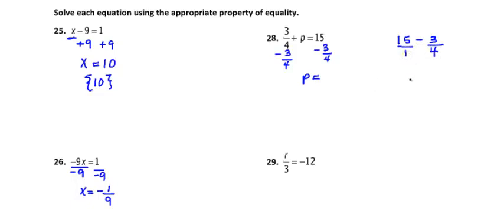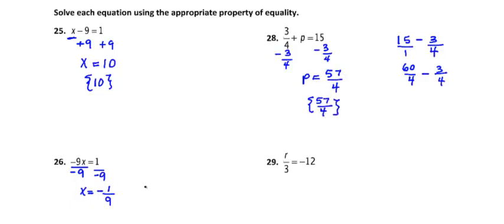And the common denominator is 4. So remember, we say 1 goes into 4 4 times, and 4 times 15 is 60. So 60/4 minus 3/4 is 57/4. And that would be the solution set.